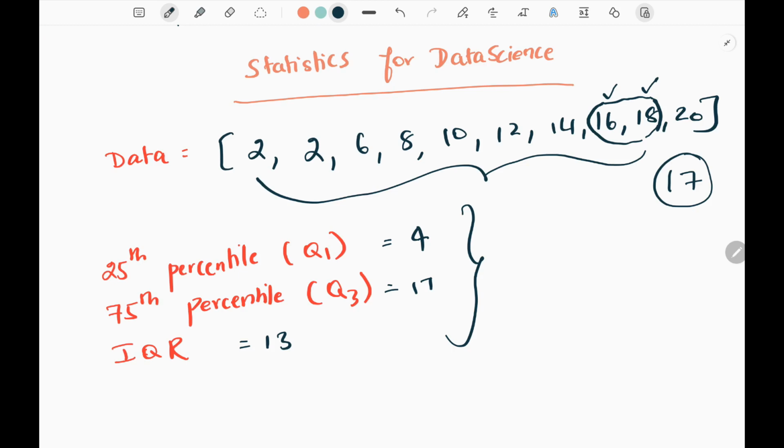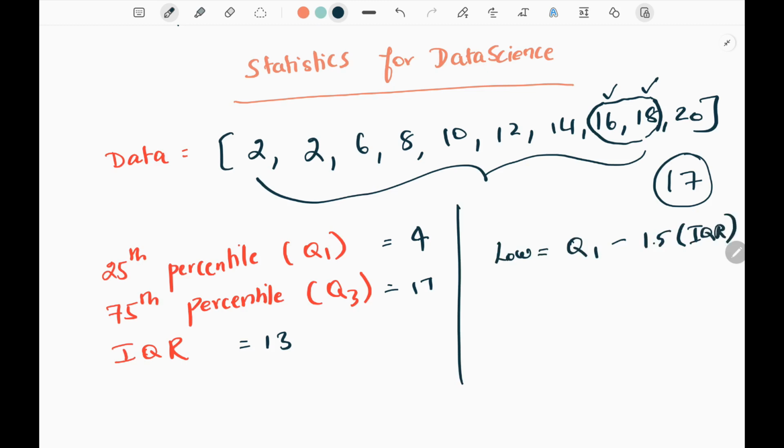So now using these three values, we are going to calculate upper bound and lower bound, right? So to calculate the lower bound, we need to take difference between Q1 and we need to multiply 1.5 with IQR, that is the interquartile range, right?